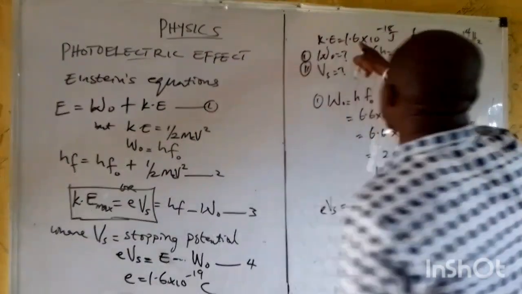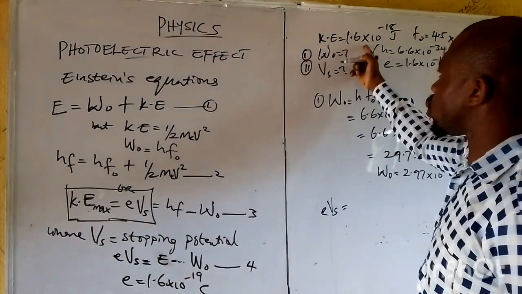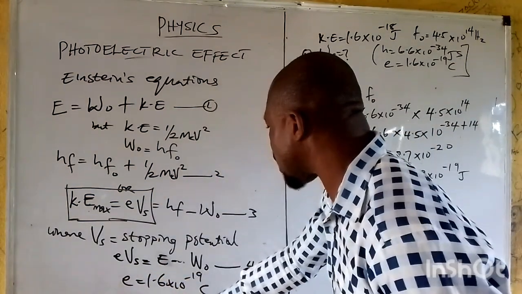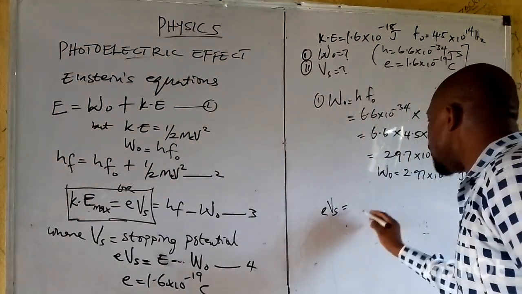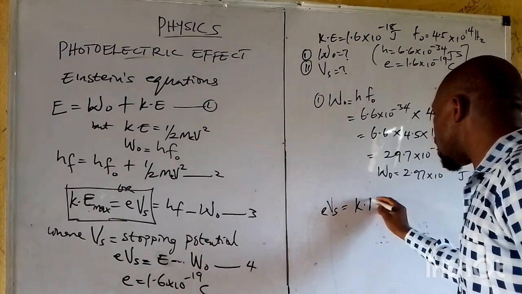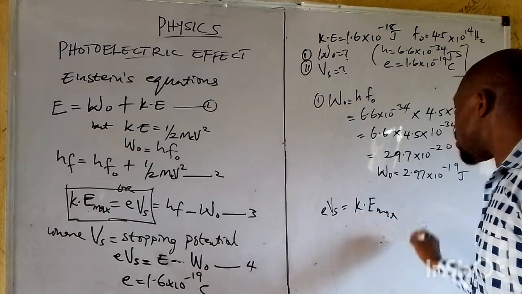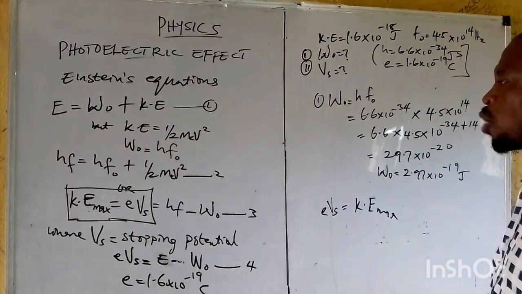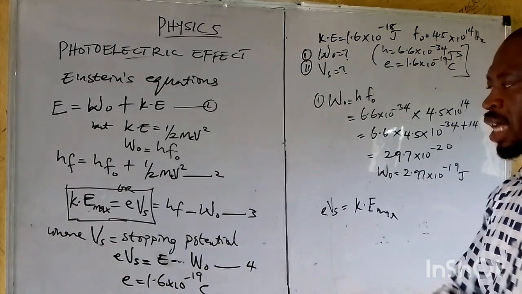The kinetic energy was given to us, so that means eVs is equal to maximum kinetic energy. Of course, look at this formula. Now from here, we can make V the subject.